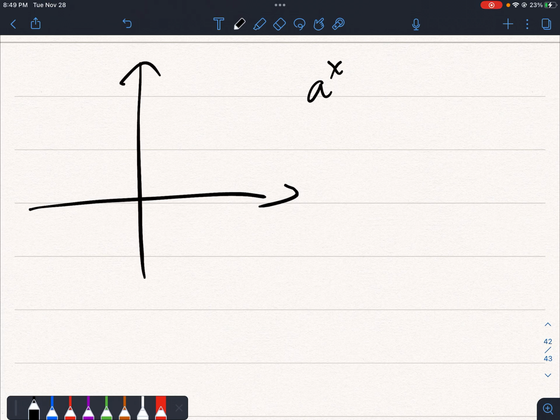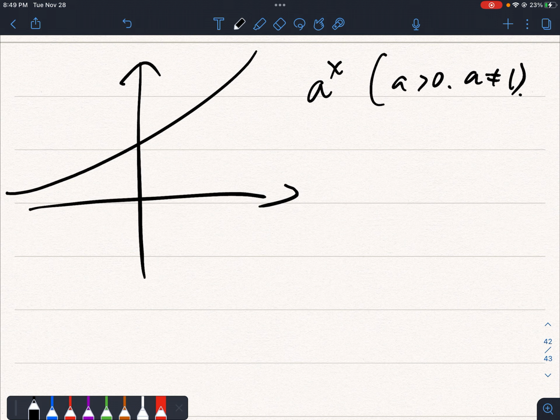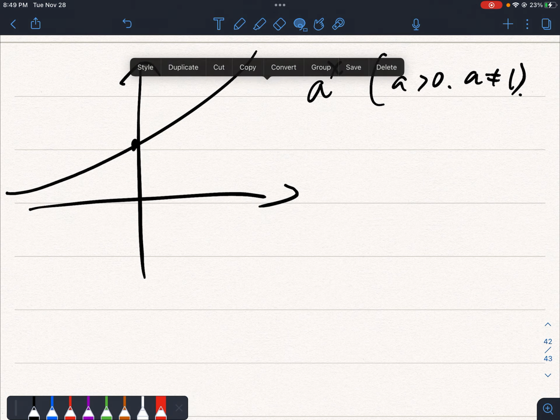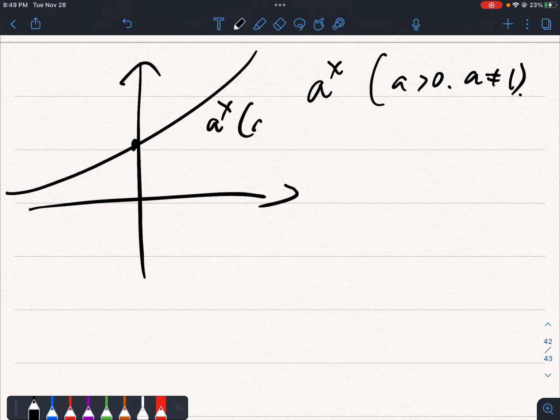And okay, so we now look at all the a to the power of x, where a is some number that is bigger than 0 and not equal to 1. So there are two cases. If a is bigger than 1, for example, e to the x, or let's say 2 to the x, or 1.1 to the x, then you get something like this.